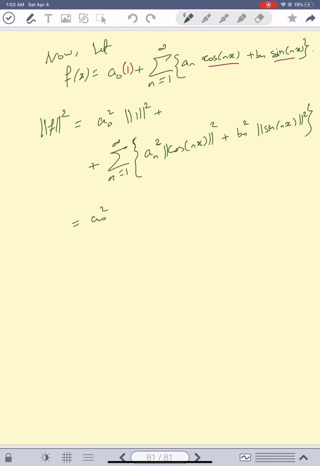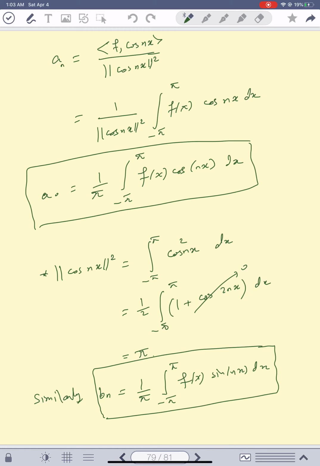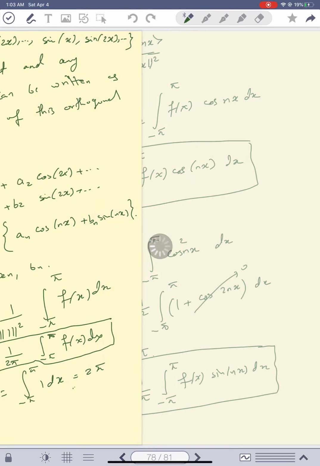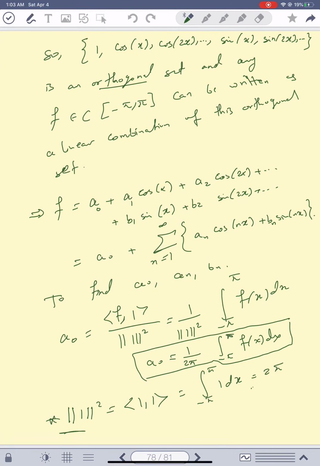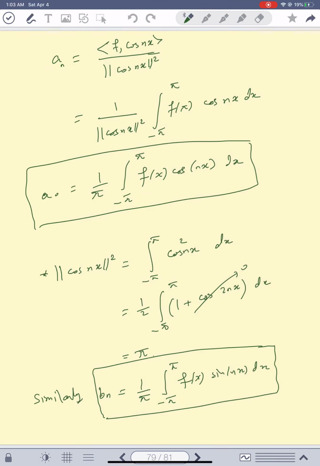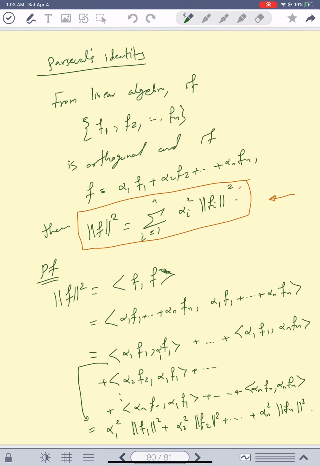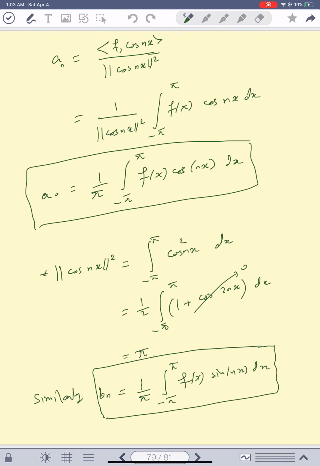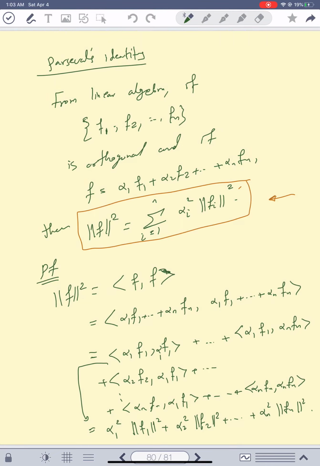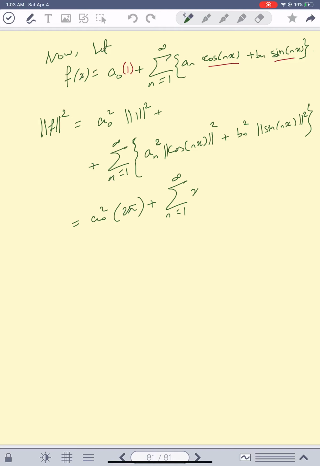What is the magnitude of 1 square? We computed it earlier: the magnitude of 1 was 2 pi. So this is times 2 pi, plus the sum from 1 to infinity. The magnitude of cosine square is pi, and the same for sine square. So this will be pi an square plus pi bn square.